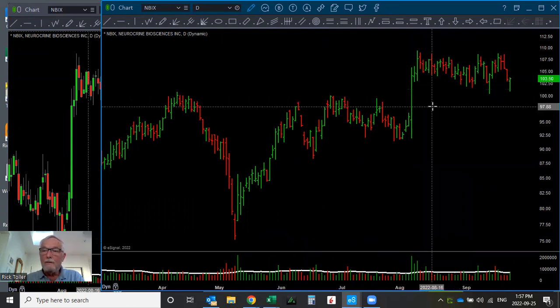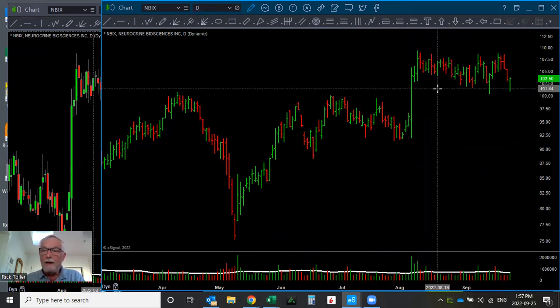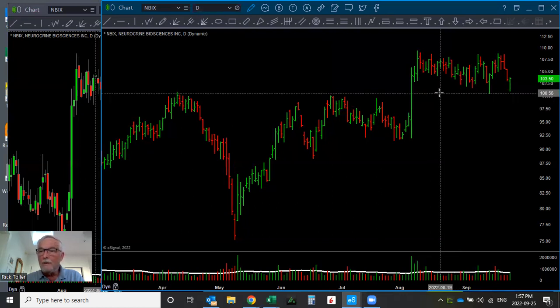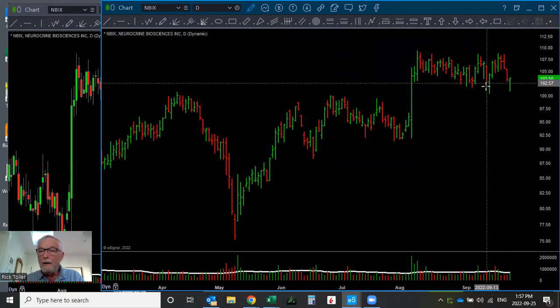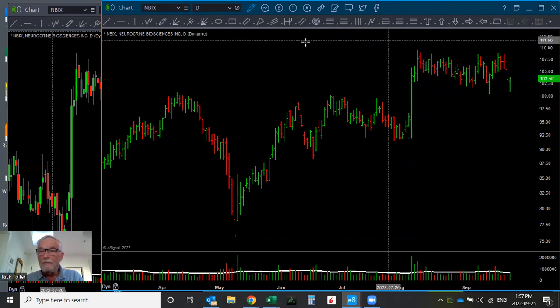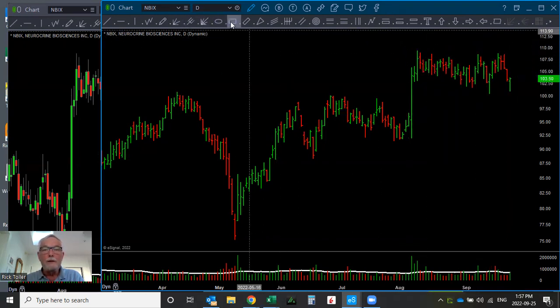Looking at a bar chart, I can see that the lows a couple of times were here and here, but this day it hit this low and then closed up near the high of the day, back into this range here.